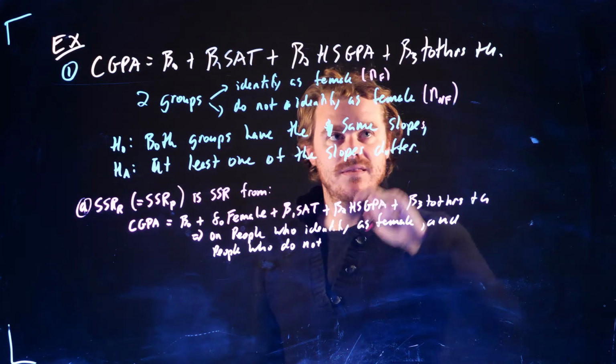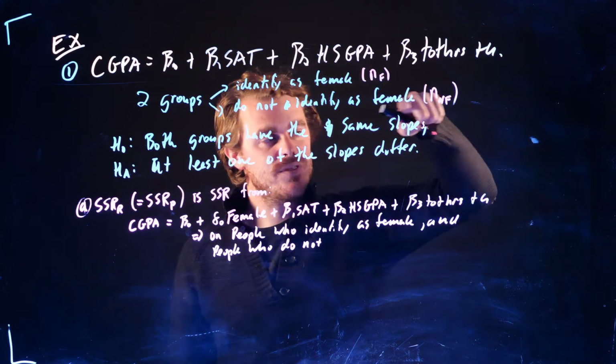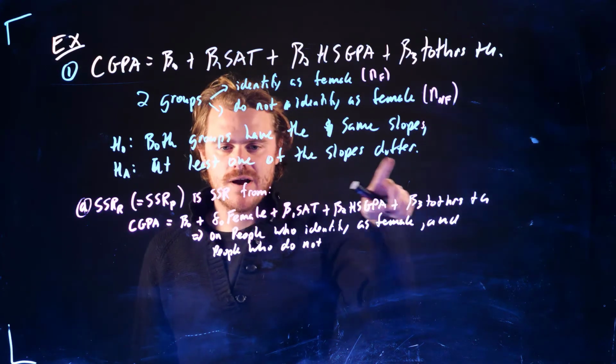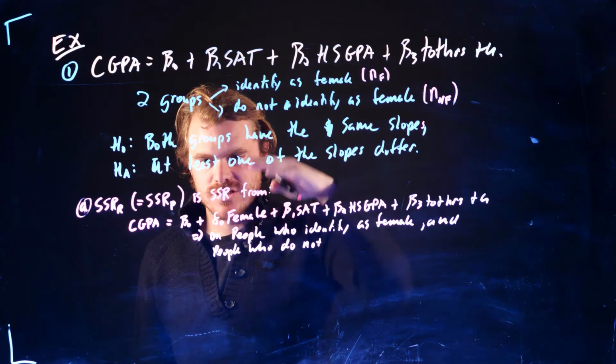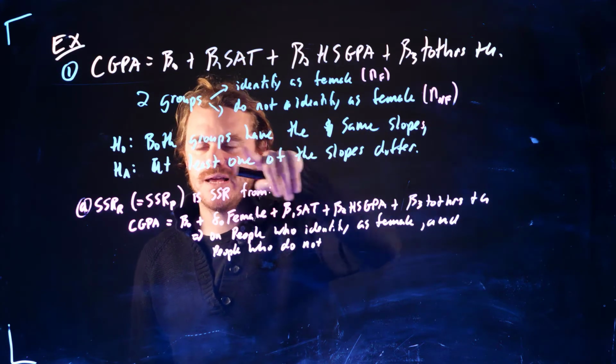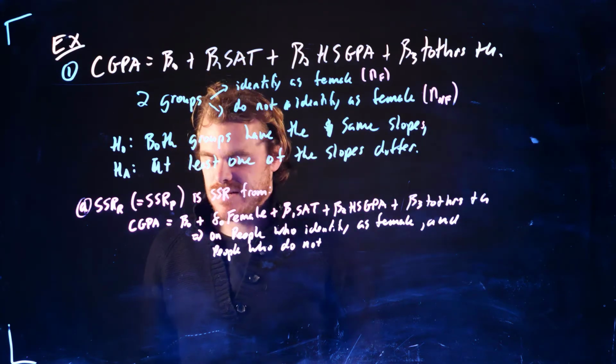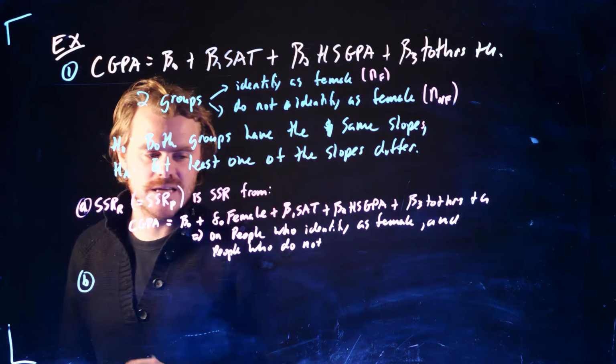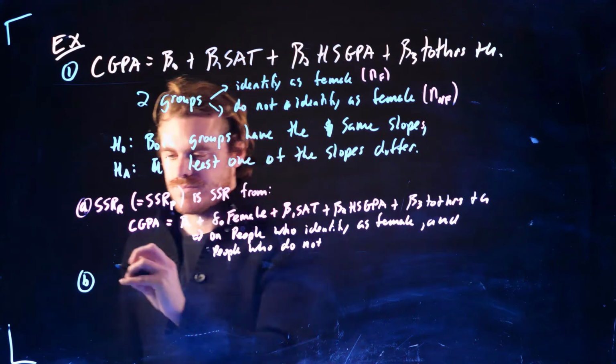Then both of these groups are included in this one regression. And this term here is just allowing the intercept to be different, like our null is trying to allow. So that's the first thing we need to do. It doesn't have to be the first thing, but it's one of the things we need to do.